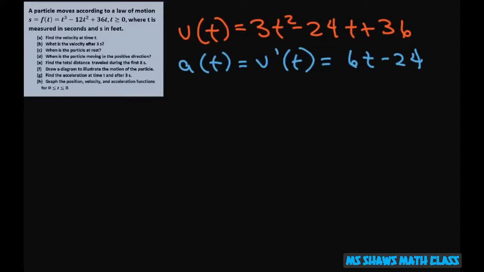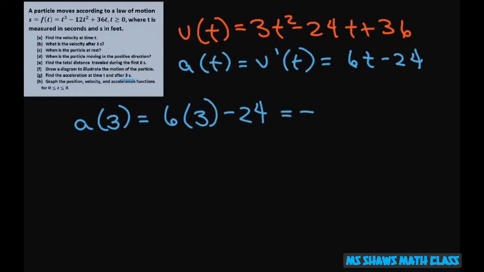So when we want to look at 3 seconds, we just go a of 3 equals, and you just plug in 3. 6 times 3 minus 24 equals negative 6 feet over s, and then you divide it by s again since you're doing the second derivative, so that's going to be negative 6 feet over seconds squared. All right.